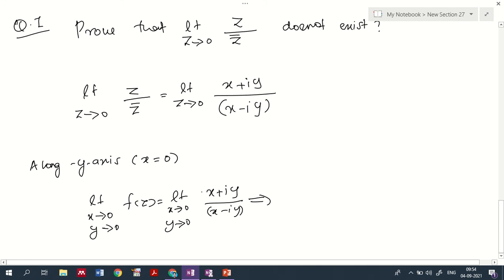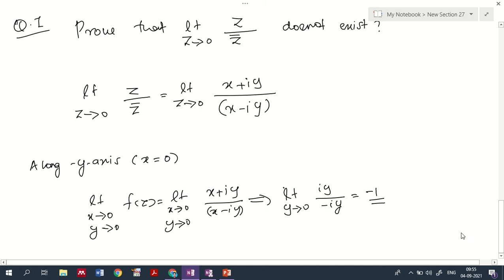So first you apply the limit x tends to 0, then you will have limit y tends to 0 of y divided by minus iy. Okay, so when you represent this, you will be getting a minus 1 value here.